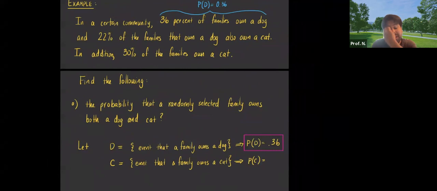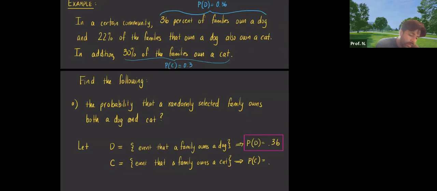Now, be very careful. Look what the 0.22 or the 22% refers to. It refers to the families that already own a dog. And those that own the dog already own a cat, right? So this information below that says that 30% of all families own a cat. So this is the probability that C occurs, which is 0.3.